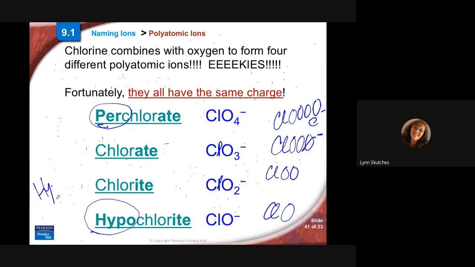So you guys are familiar with hyper, like hyperactive, overactive. Hypo means under. Less active, for example, like a thyroid. So hypochlorite. So they're all chlorine, they all have oxygen, 1, 2, 3, 4 of them. They all have the same -1 charge. It's just the number of oxygens that changed, so they all have to have their own name.